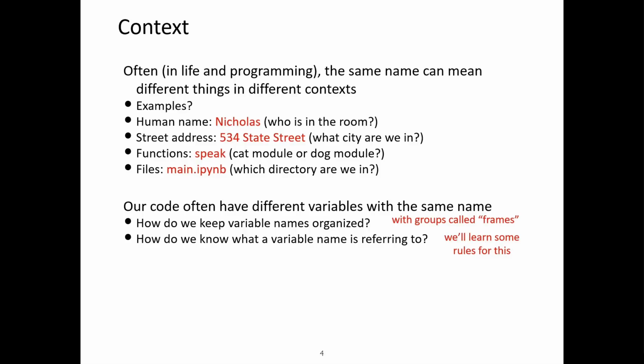Or if I'm just looking at a street address, State Street, for example, the street I'm referring to depends on the city. I mean, the context means I need to know which city I'm in. My hometown, La Crosse, Wisconsin, has a State Street, and Madison has a State Street, but they are different streets, even though they have the same name. We'll see the same thing happen in programming.